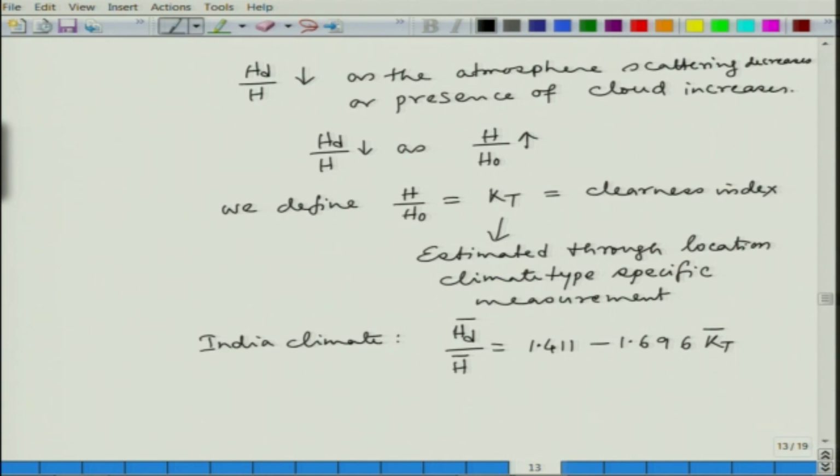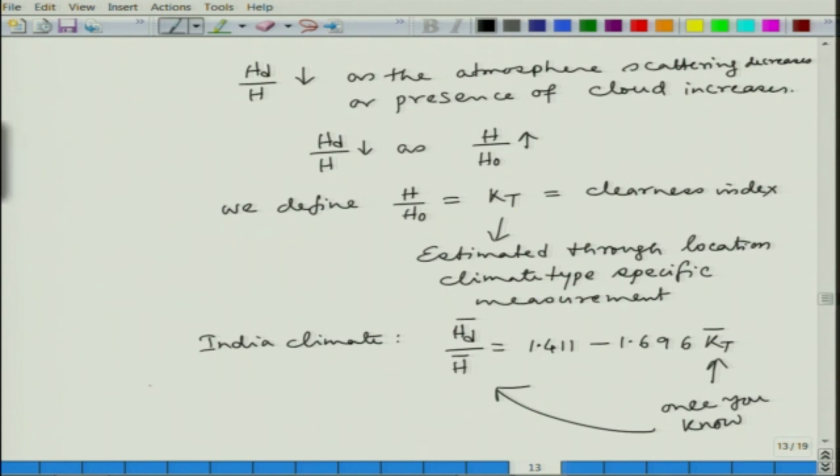So, once you know kT, you can find this diffuse fraction.